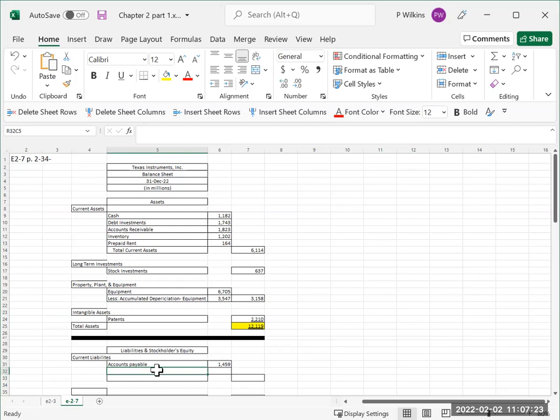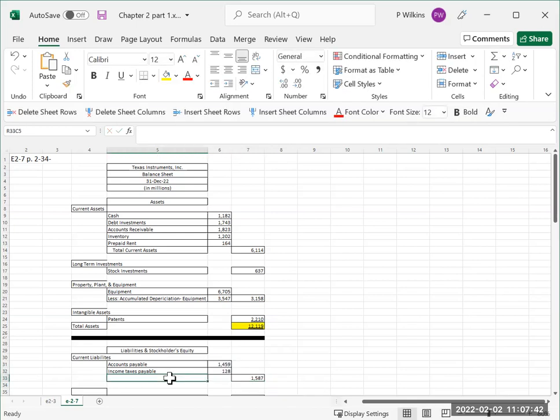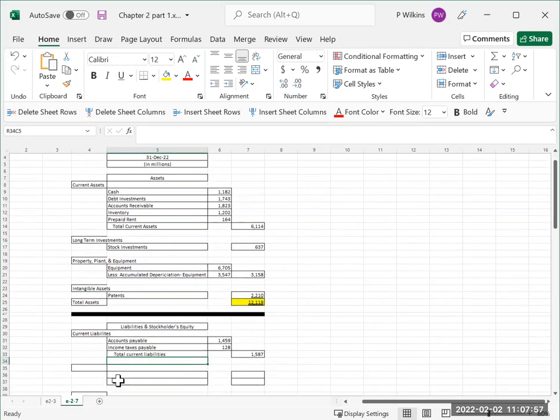And then we see that there is income taxes payable. And the income taxes payable is 128. So we will then add those two together, the 1459 and the 128. And that's going to give us our total current liabilities.